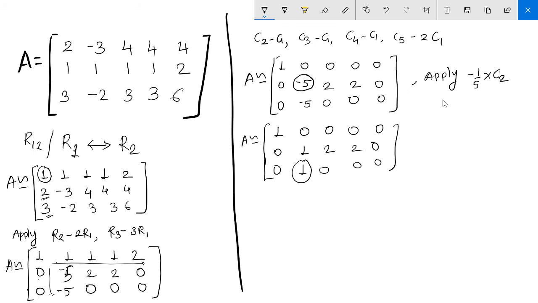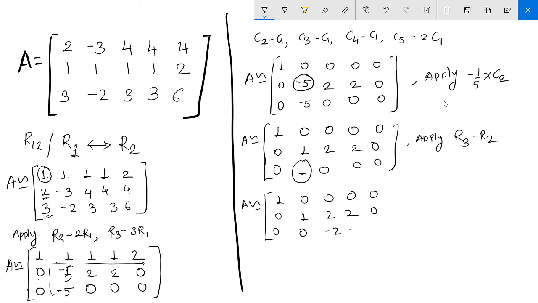To make this 0, I am going to apply R3 minus R2. After R3 minus R2, there is no change in the second row, but there is a change in the third row: 0 -2 -2 0.